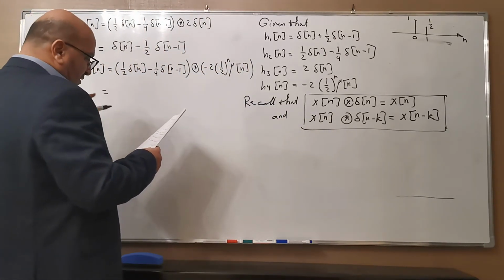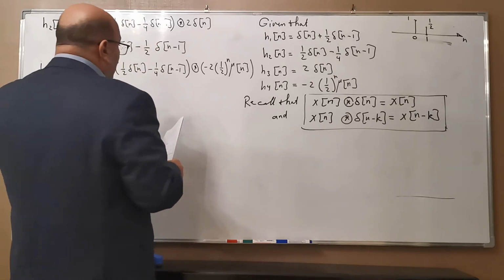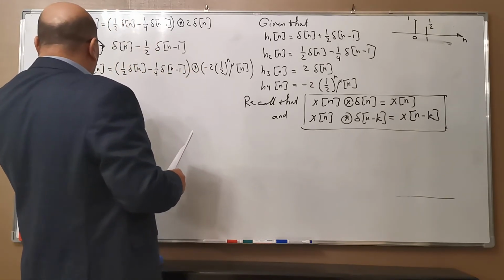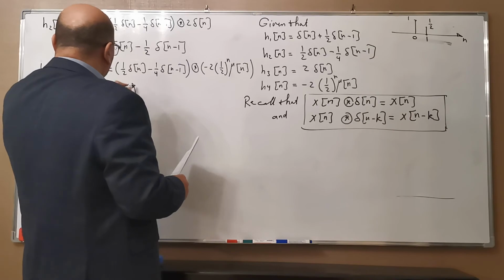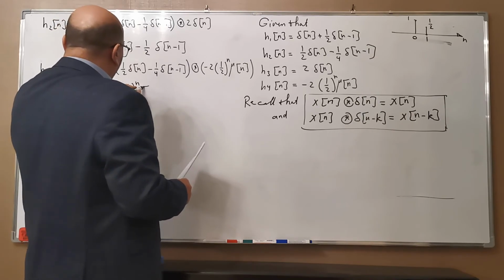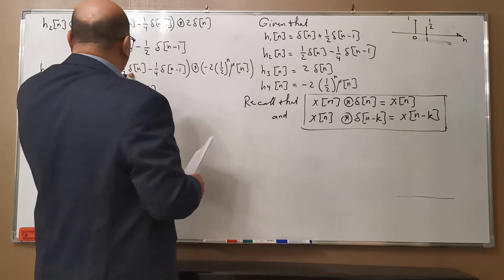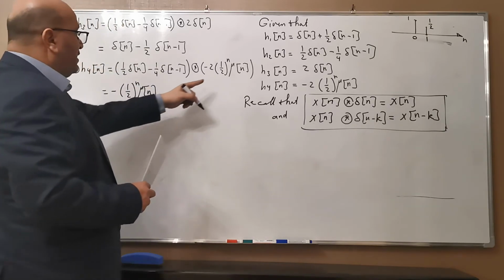This is equal to minus 2 times 1/2, which is minus (1/2)^n u of n, the function at the delta, which is at n.